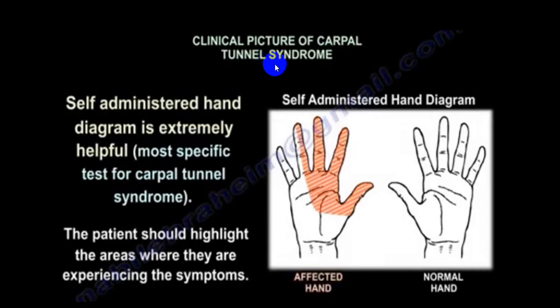Also, you can ask the person to draw the area in which he is getting symptoms, and that is given the name hand diagram, or picture drawing. If a person is able to self-administer the hand diagram, and you get 3.5 finger symptoms, it is again in favor of carpal tunnel.